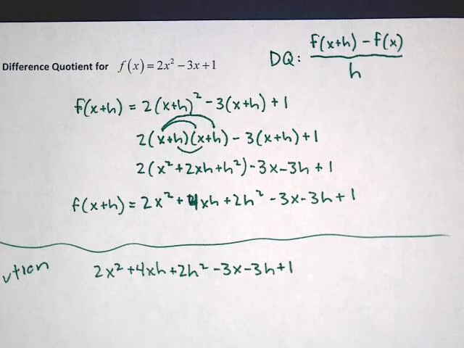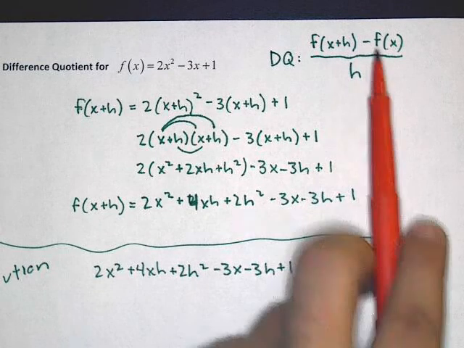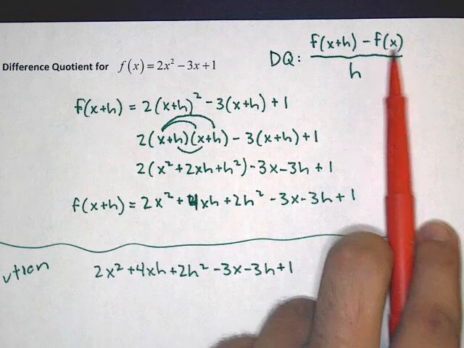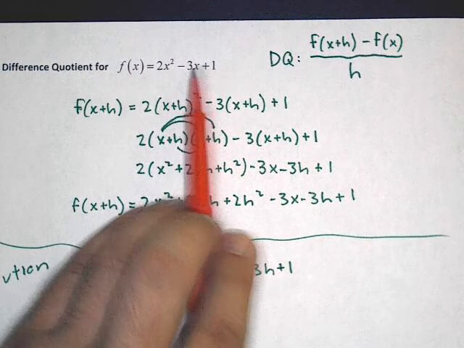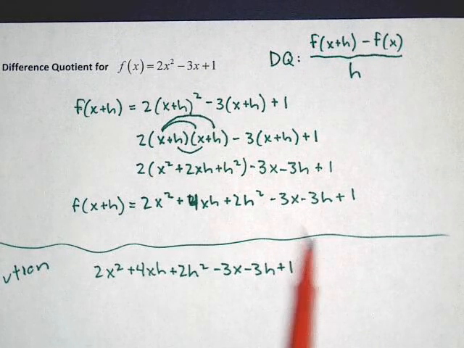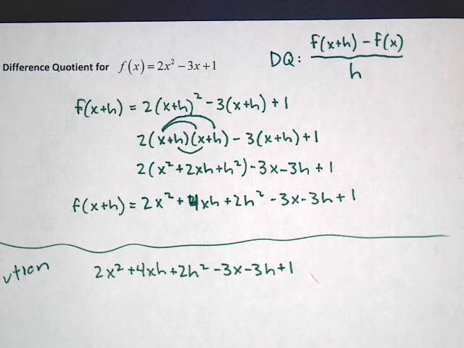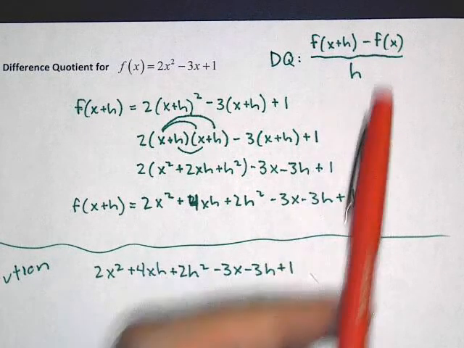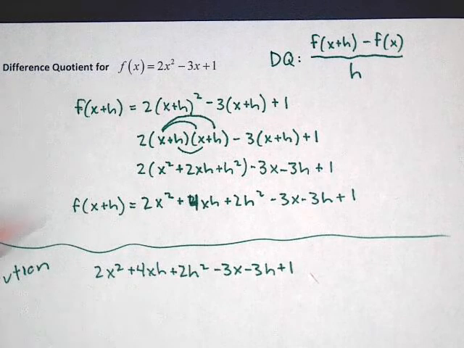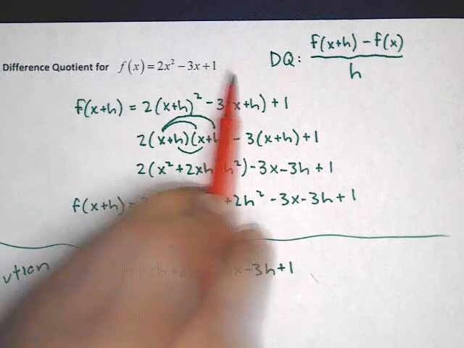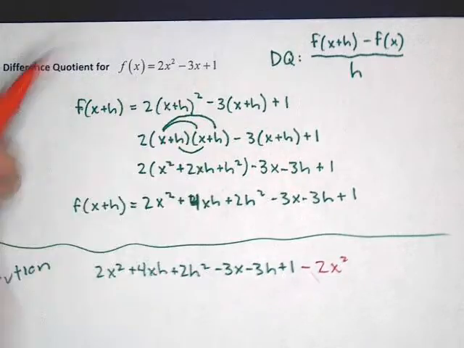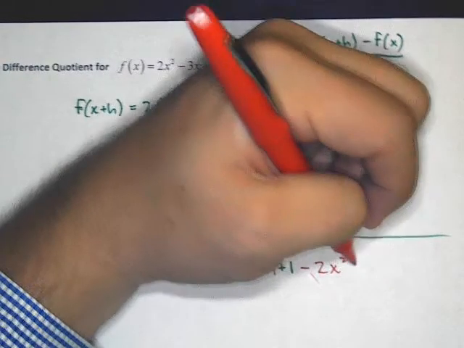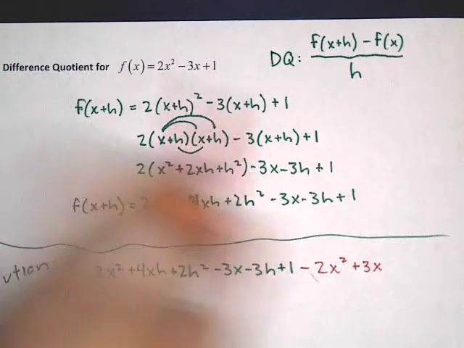And then what do we have to do? It says we now need to subtract f of x. Now I'm going to change color. I'm just going to immediately subtract every piece from this. Instead of writing it in parentheses and distributing, if it's telling me to subtract this function, well then I need to subtract every single piece. So minus 2x squared minus negative 3x is actually plus 3x, and then minus 1.